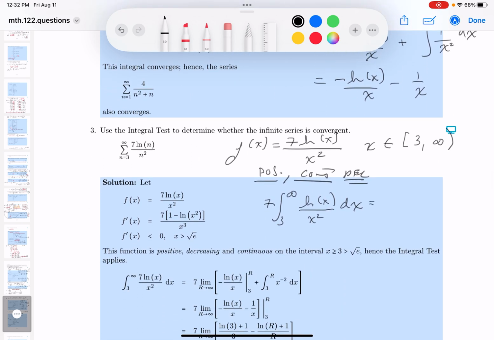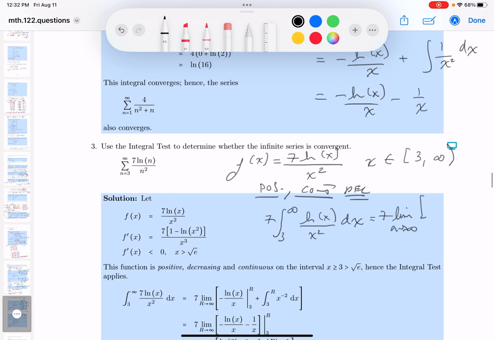So I think I'm ready to write this down now. And I'll write down a 7, limit as a goes to infinity. And what do you get over here? It's going to be minus the natural log. We don't put the minus on the outside. So I'm just going to write 1 plus ln x. Where am I getting this from over here? I already pulled out the minus 1 over x. Limits of integration are going to go from 3 to a.